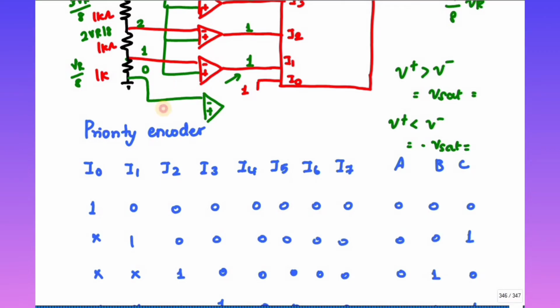It can also be connected like this, by connecting another comparator, with plus and minus connected this way. Here also, this is always 0, so you will get the output as 1.